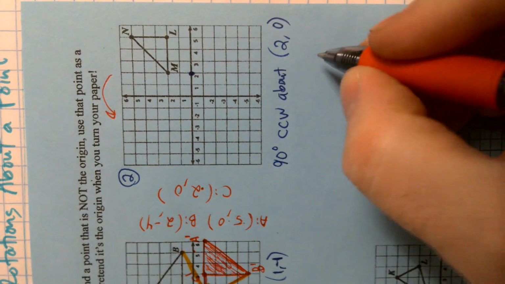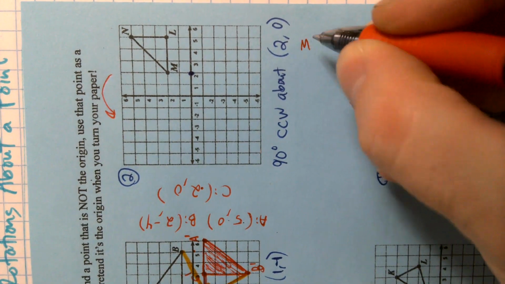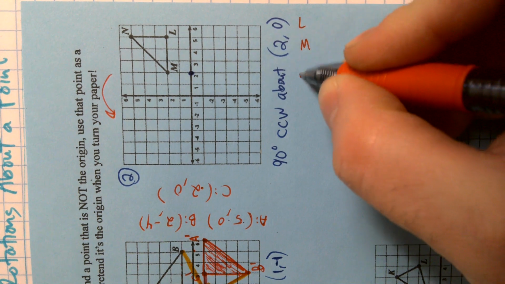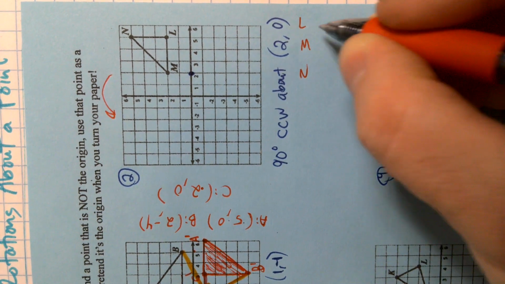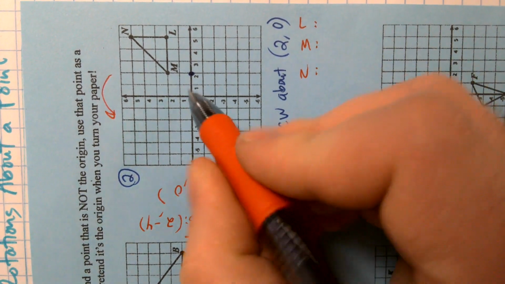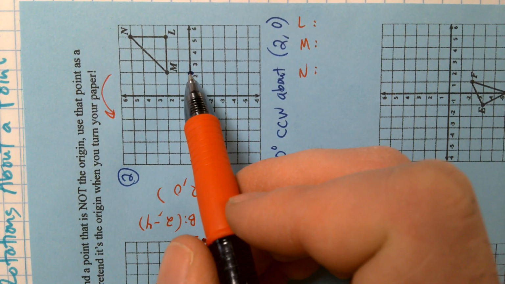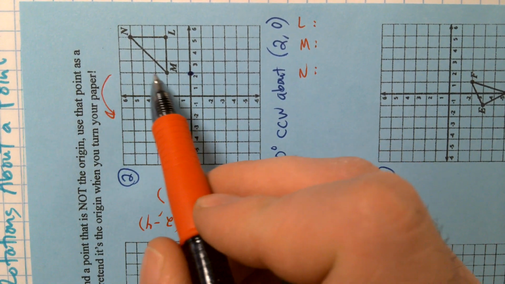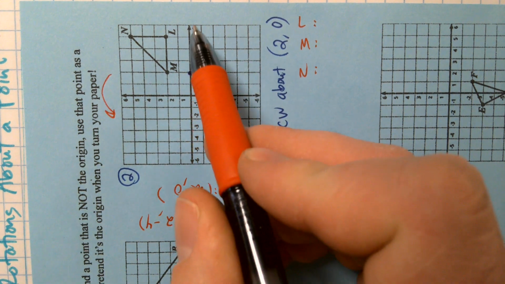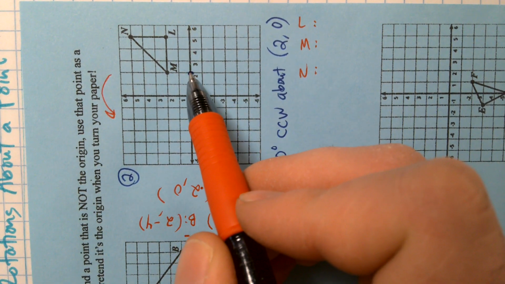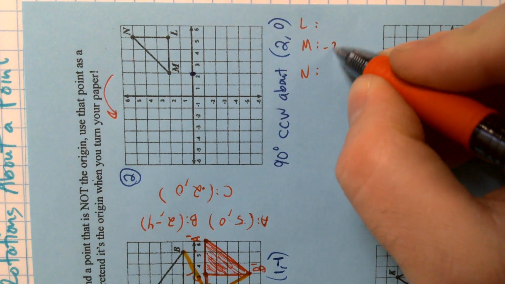Okay? I'm going to make my vectors here for L, M, and N. If this blue dot is my origin, and like Tyler said, I'm pretending this is the x-axis, I'm pretending this is now the y-axis, what would the coordinates of this point M be? Negative 2, 0.